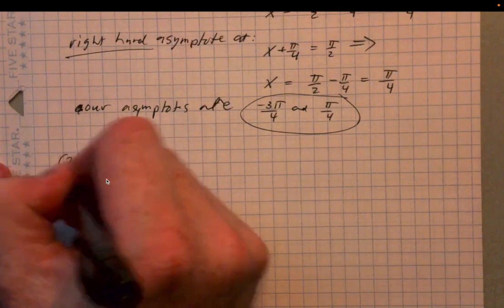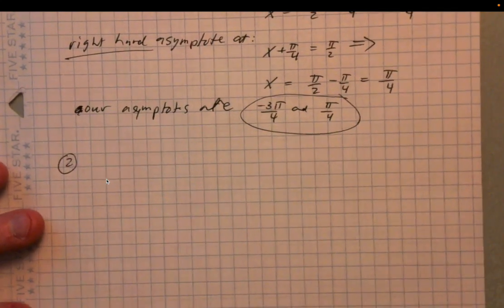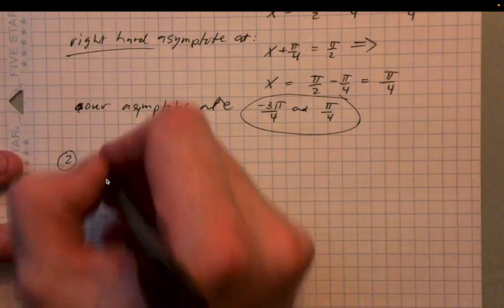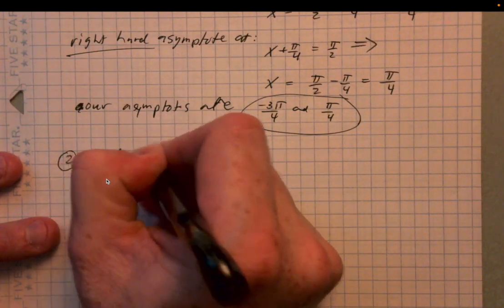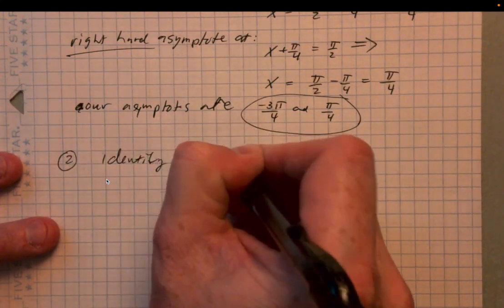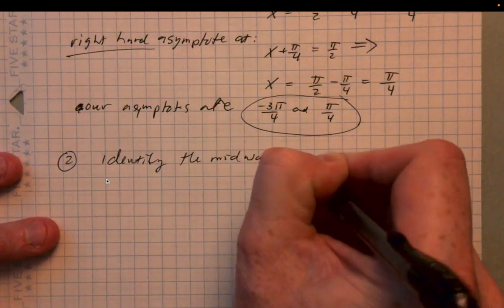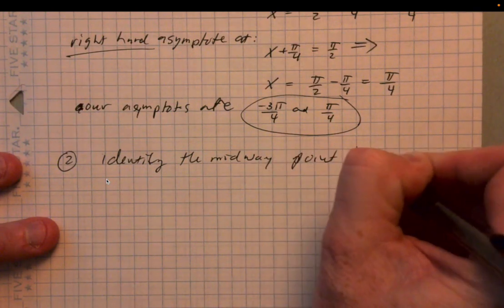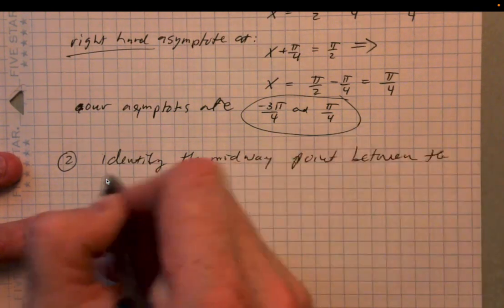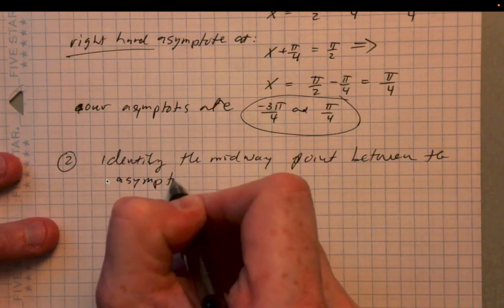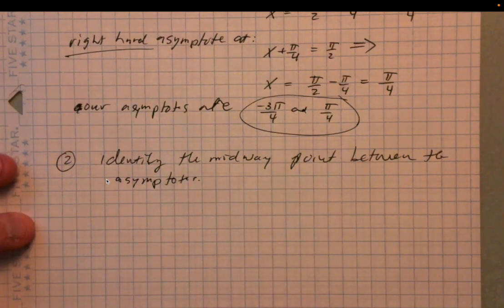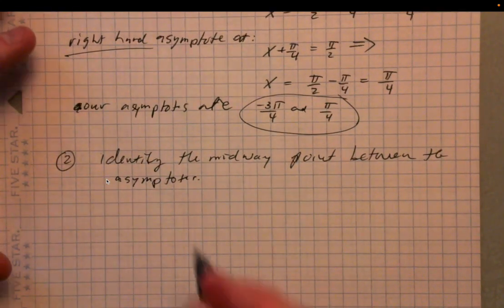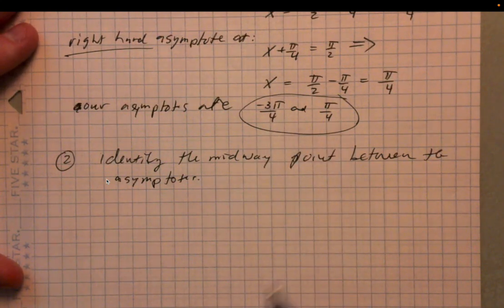Now step 2 is to identify the midway point between the asymptotes. Okay, so this is really easy to do. You can basically add them together and divide by 2. You just need the average of these two numbers.